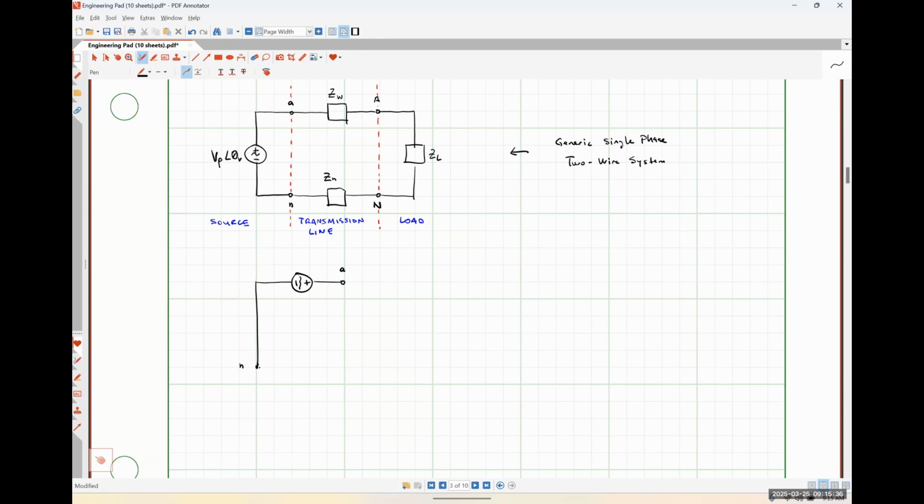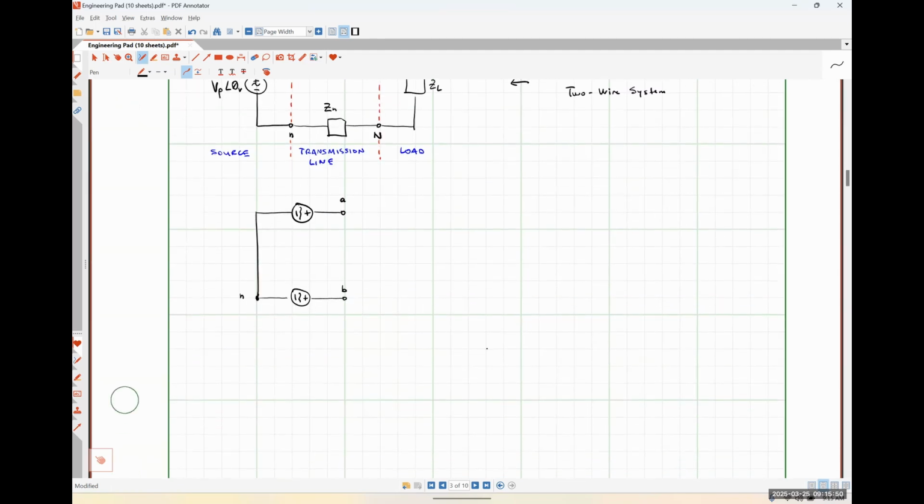this is going to be my neutral connection on the source side of things. Here's a voltage source connected to my B terminal. And then here's a voltage source connected to my C terminal. And for right now, I'm just going to call this guy VP angle theta lowercase a.